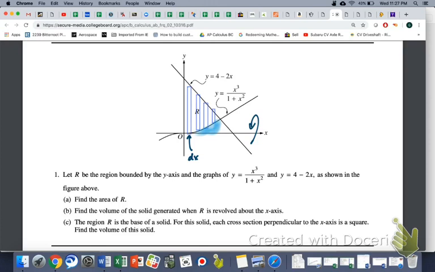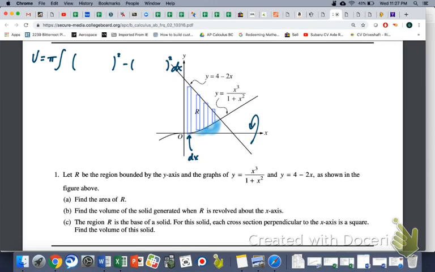And so because of that, we're going to be using the washer method. So as soon as I understand I'm going to be using the washer method, I'm going to write volume equals pi integral of big R squared minus little r squared, and I do know that they're dx rectangles, so go ahead and put dx right there.